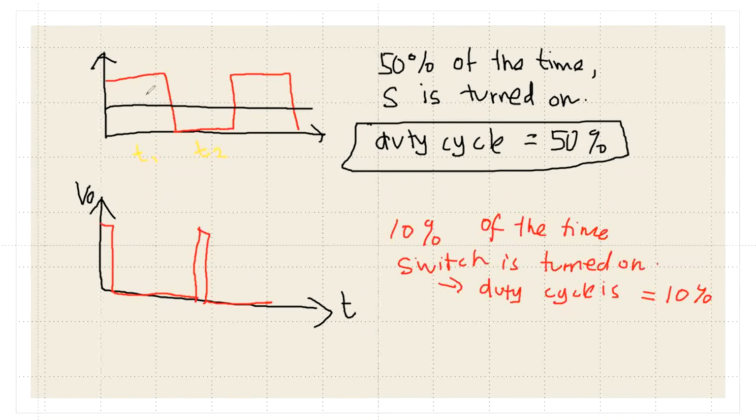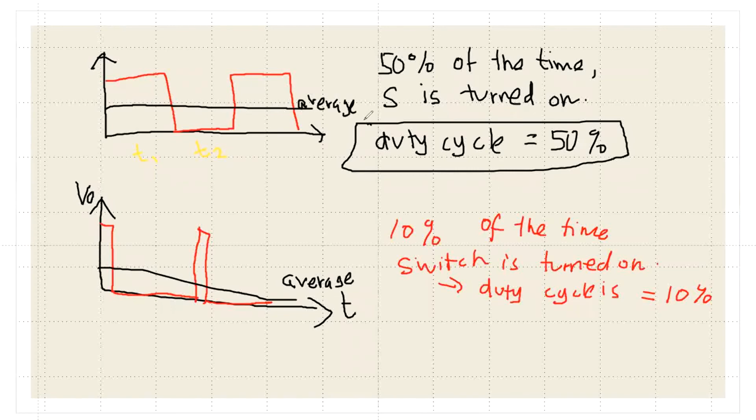So if you compare the area under the graph for this one and this one, this has a smaller value. So let's say the average will be here. So this is the average. As I said earlier, the average will give you the output voltage.